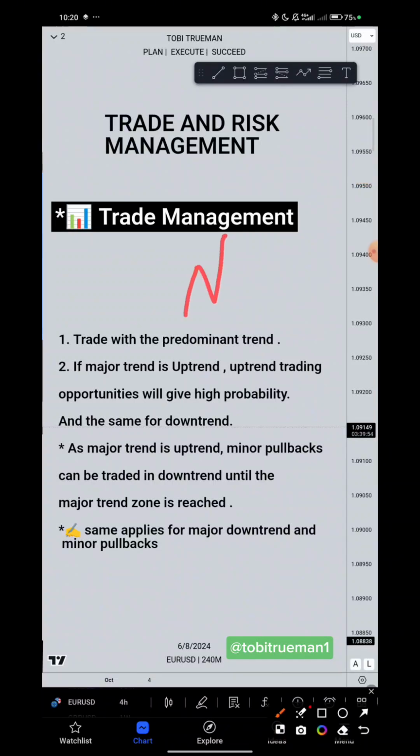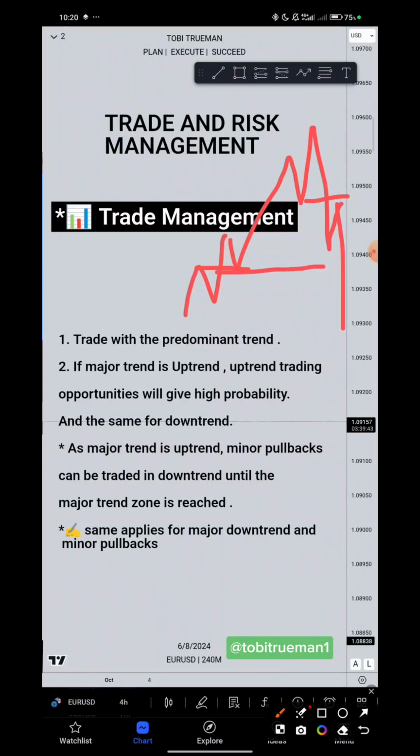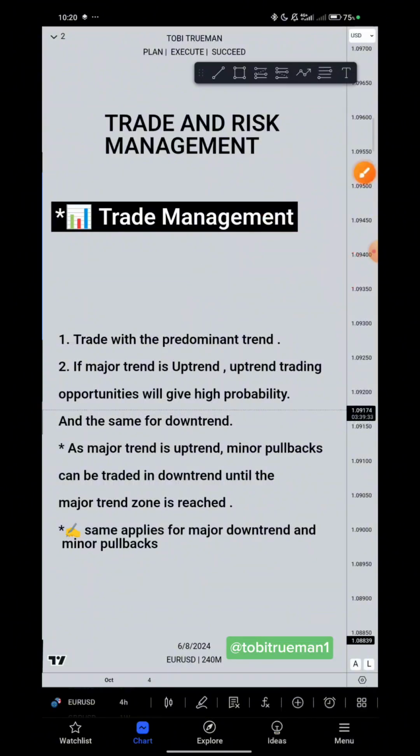This is more than when price is in an uptrend and, while there is a flip, maybe there's no entry there, and price is making this type of pullback, whereby there's now a flip in the counter trend, and the main trend flip has not been activated. This is the main trend flip, while this particular one is the counter trend or minor pullback. So going into a minor pullback entry may not be recommended, but if your signal is very okay, you can also take it.